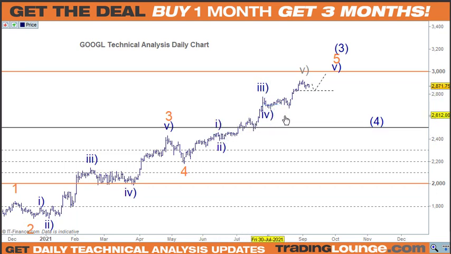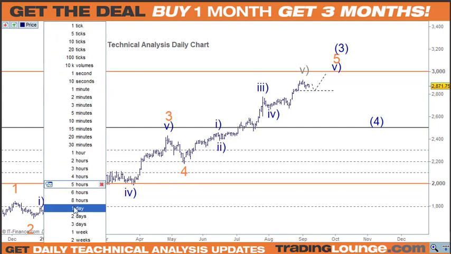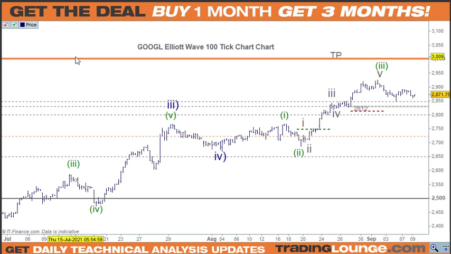If we put wave 4 here, just for instance, that means the move up here, which is in 5 waves, we could have a top in play there. But I've always had wave 4 sitting over here, so that means it would be 1 and 2 and 3 and 4 and 5. These are the types of things that we need to double check coming close to the top. This is a daily chart, of course, and we'll go to the tick chart. Not that the tick chart looks much different in this case.